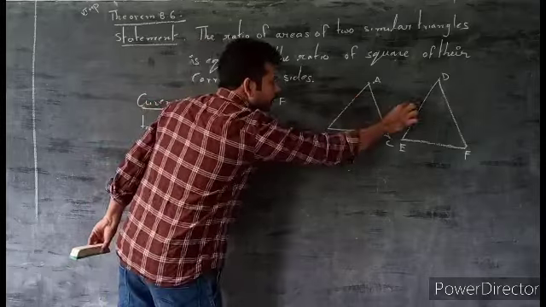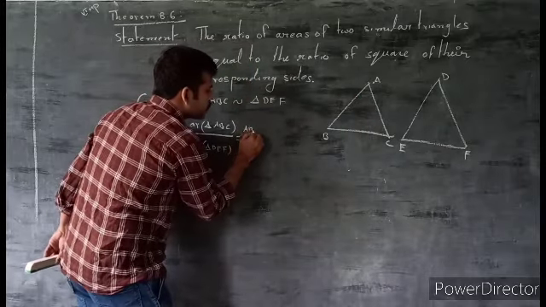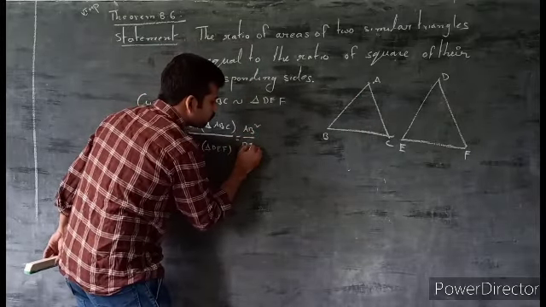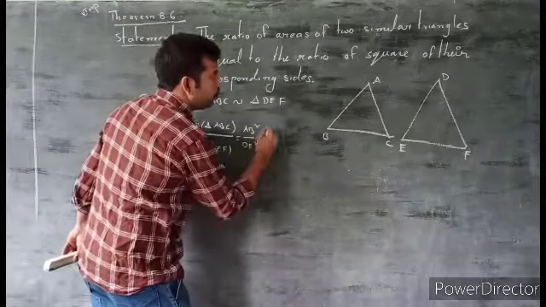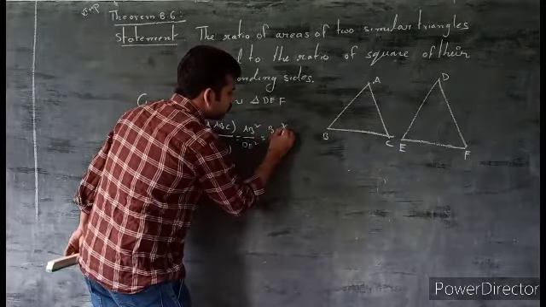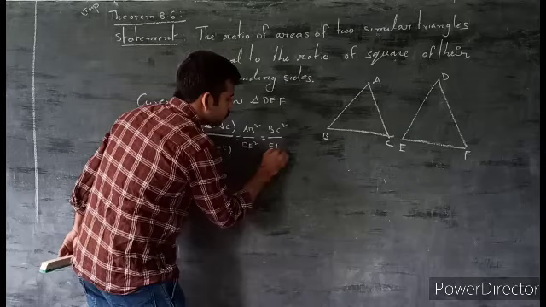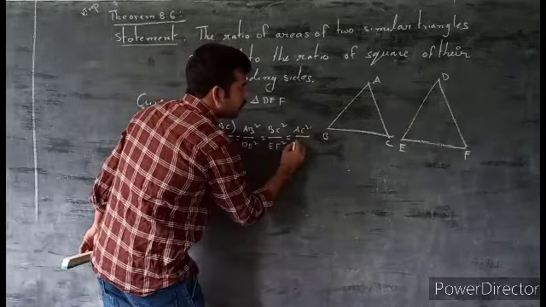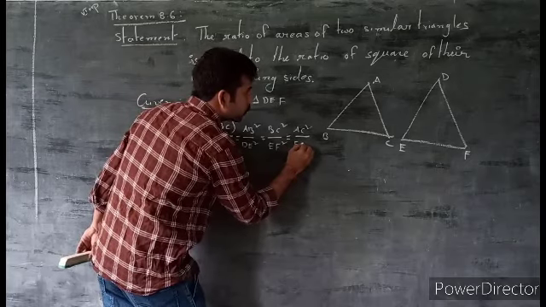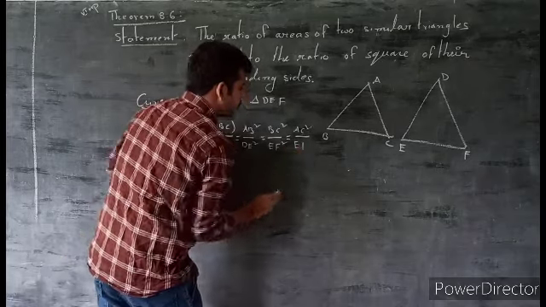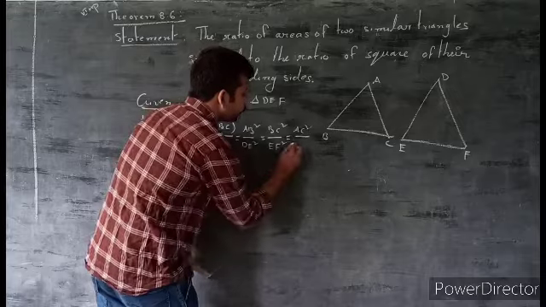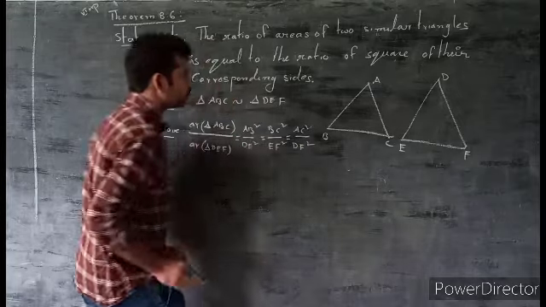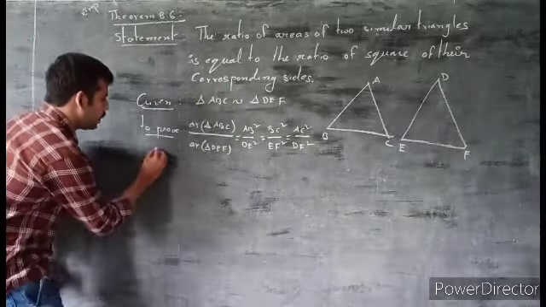That means AB square by DE square equal to BC square by EF square equal to AC square by DF square. This is what we have to prove.